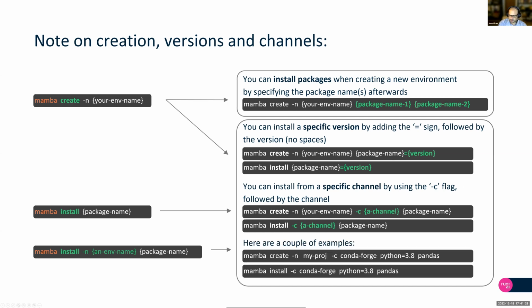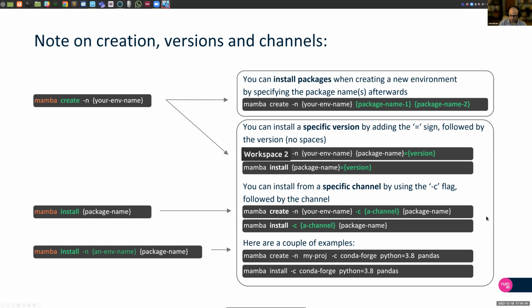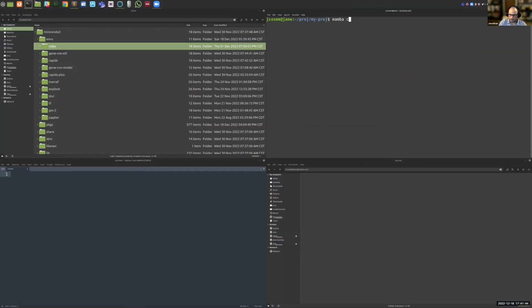And so, for example, if we wanted to create the environment called my project using the conda-forge channel, we can install Python 3.8 and pandas, which is exactly what we will do now. So mamba create. We're going to call this the same thing.